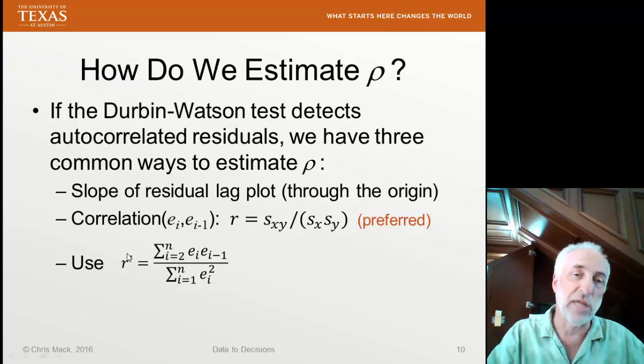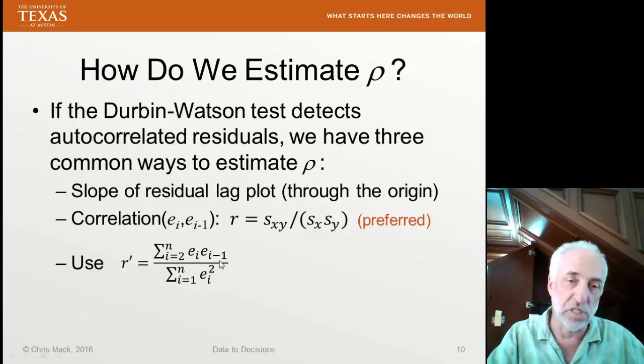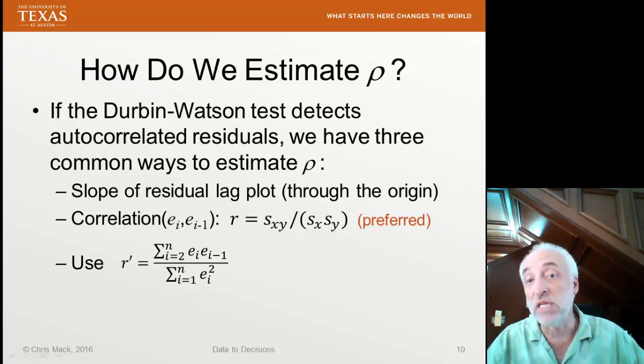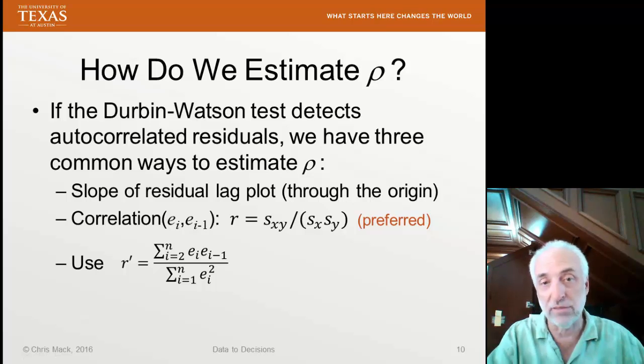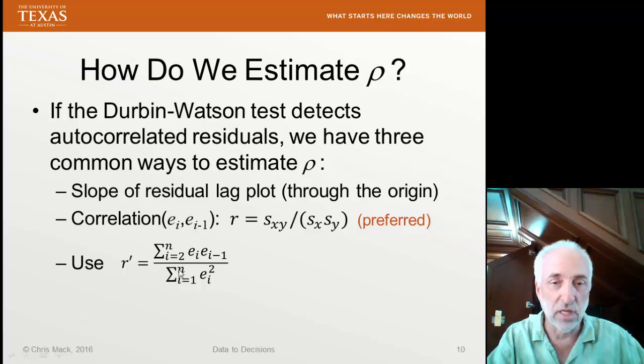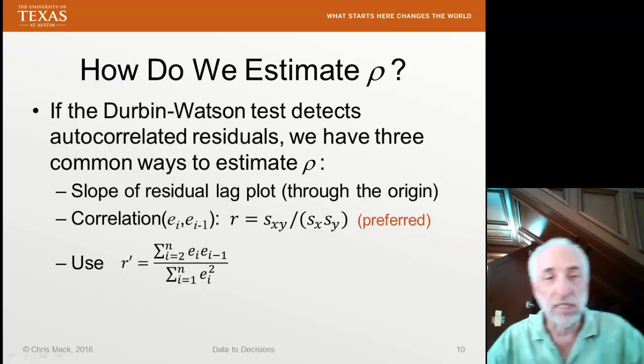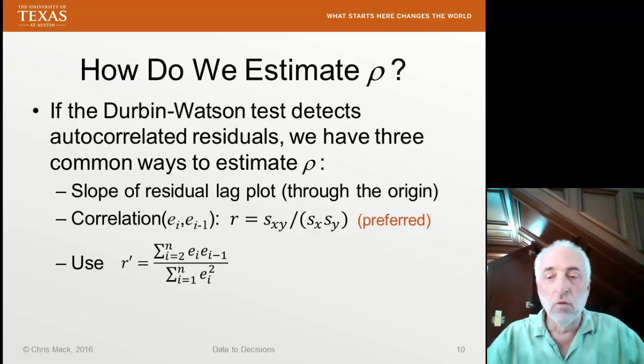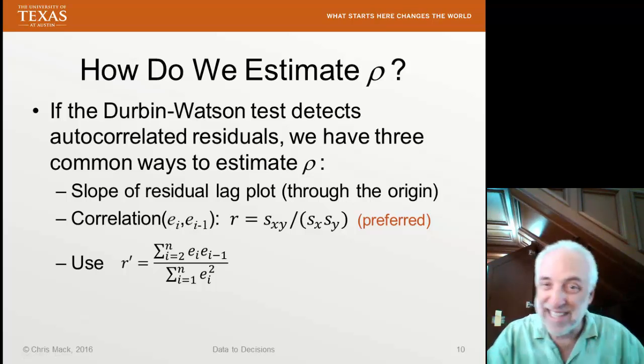Alternately, we can use this equation here, R prime. So you'll see some people in the literature using this equation. All of these things, which you might see, are like an estimate of the covariance divided by the sum of square errors, the estimate of the variance. These are almost all exactly the same.